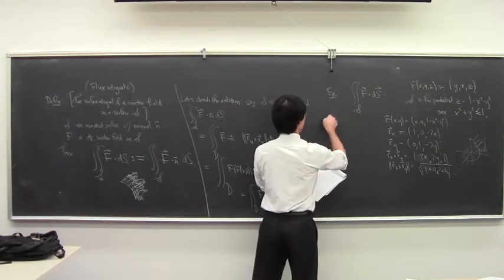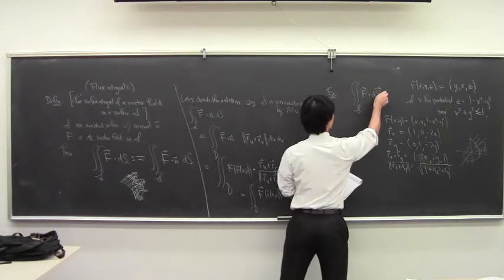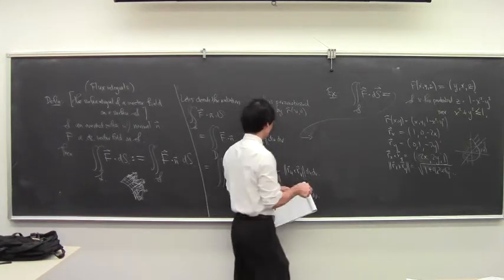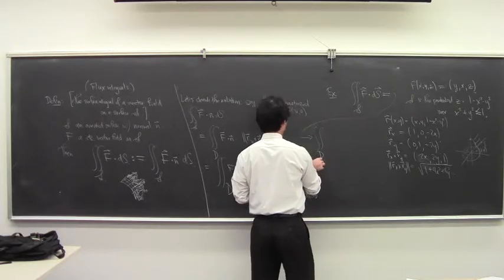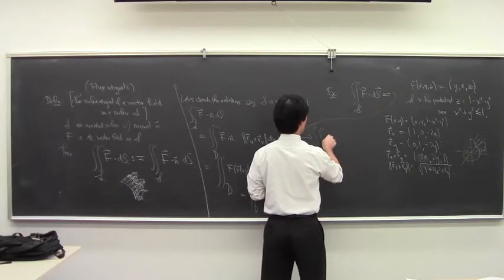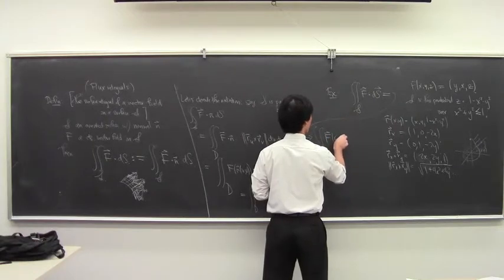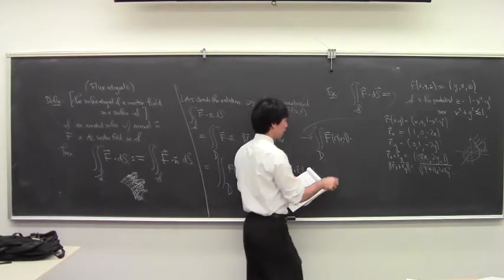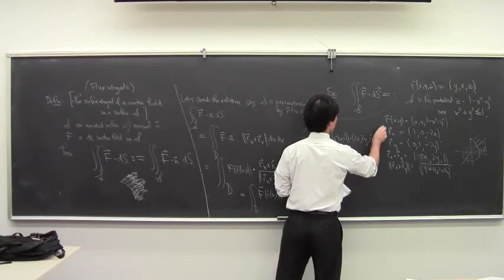So then, what's this going to be when we calculate the integral? This is going to turn out to be the integral over the disk of F evaluated at r(x,y) dotted against (2x, 2y, 1) dA.